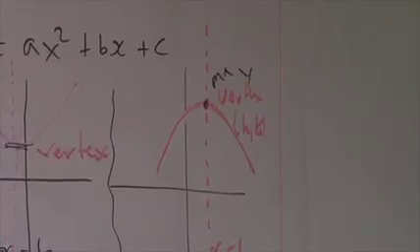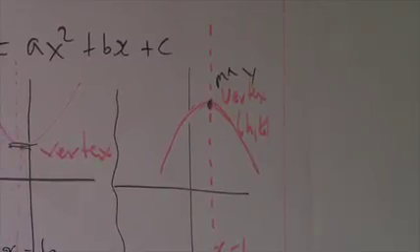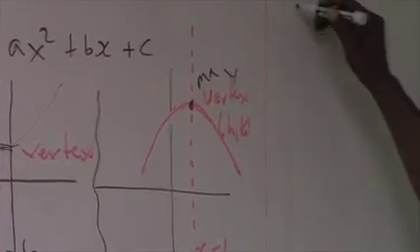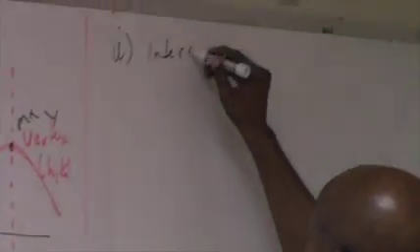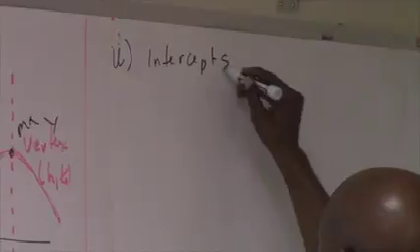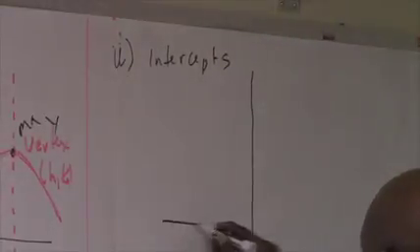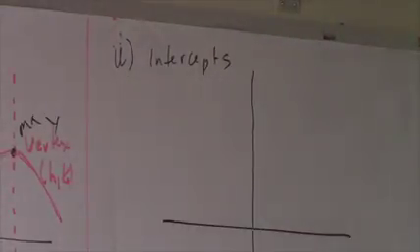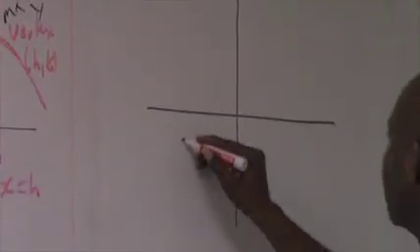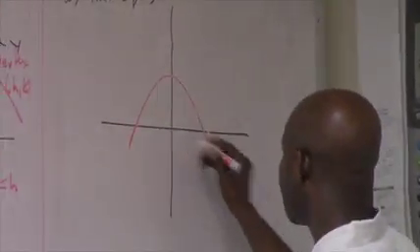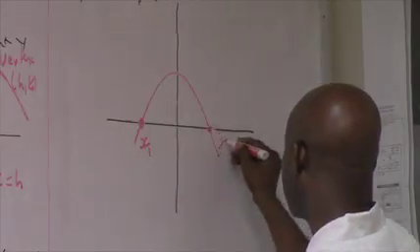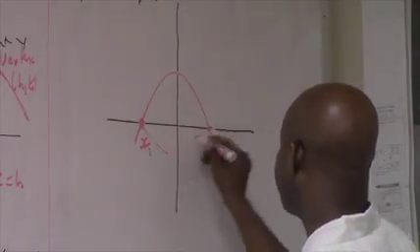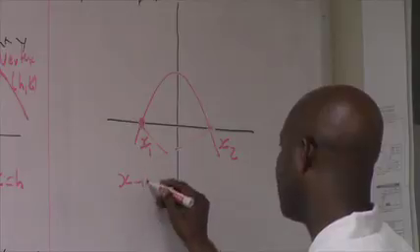Alright, and the other theory we want to talk about is the intercepts. So let's look at the intercepts. If I have a quadratic equation, say, this point x1 and this point x2 will be my x-intercepts, and they can be solved.